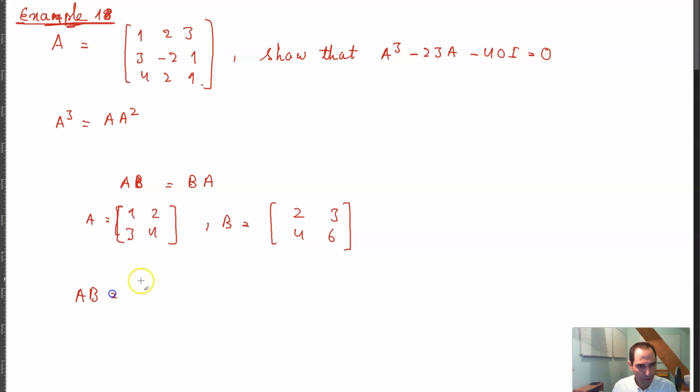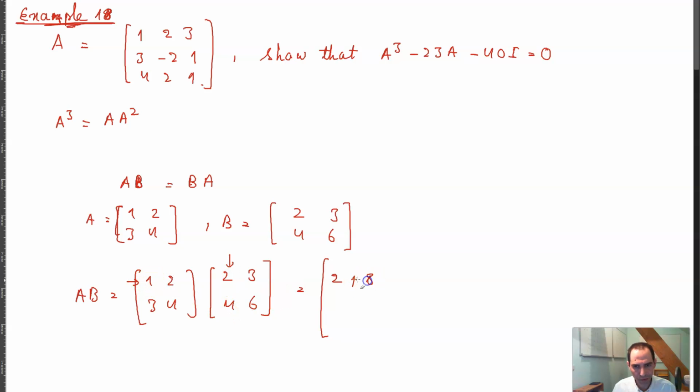Now A times B would be equal to 1, 2, 3, 4 times 2, 3, 4, 6. If you do this calculation, you will get 1 times 2 is equal to 2, and 2 times 4 is equal to 8. Then 1 times 3 is equal to 3, 2 times 6 is equal to 12. Then 3 times 2 is equal to 6, and 4 times 4 is equal to 16.